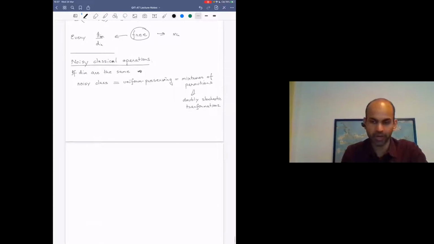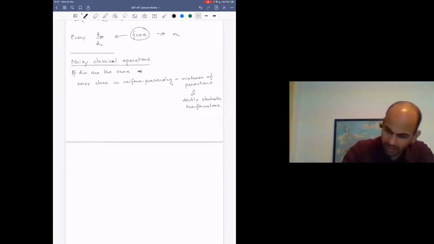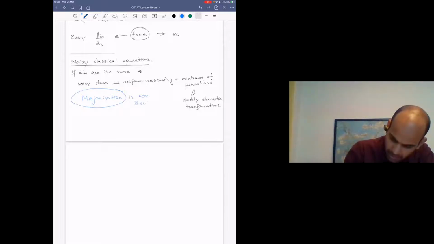And we know already the solution to that resource theory. We have that majorization is both necessary and sufficient, and all Schur-convex functions are monotones.